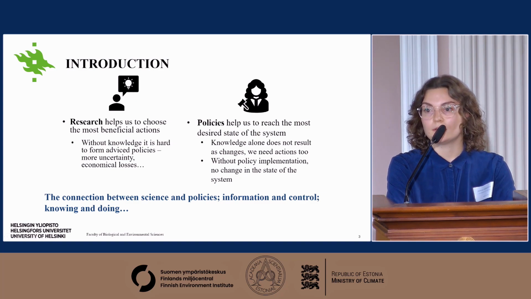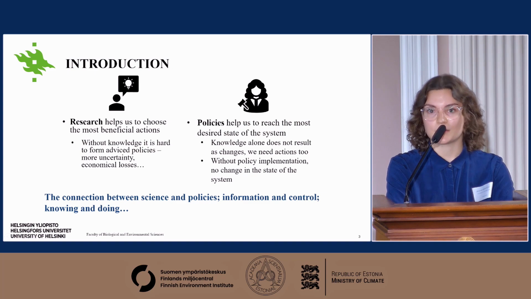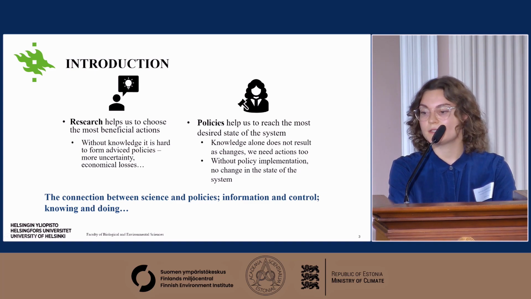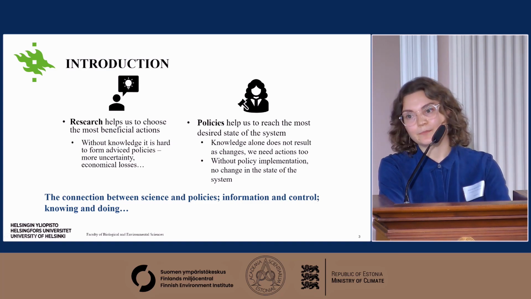We need policies to get to that outcome. Only knowledge does not result in changes. We need the actions to reach the outcomes that we want. Without policy implementation, possibly we can't affect the system.